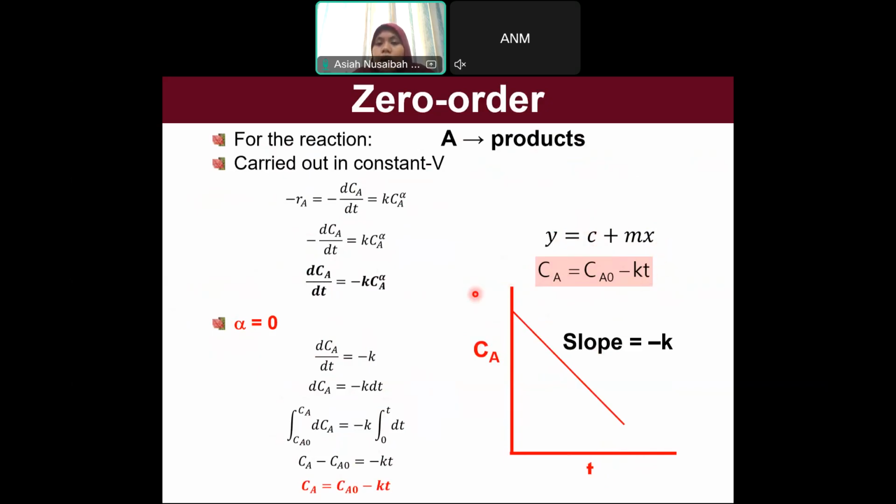If our R squared is high, then only can we say that it follows zero order, and our slope is minus k, so we can find k. From here, we can rewrite our rate law.